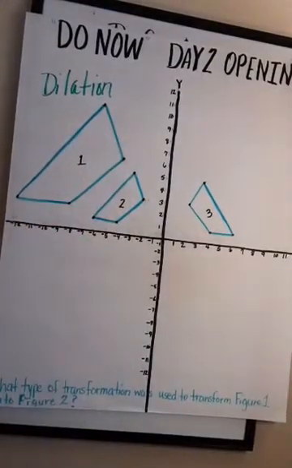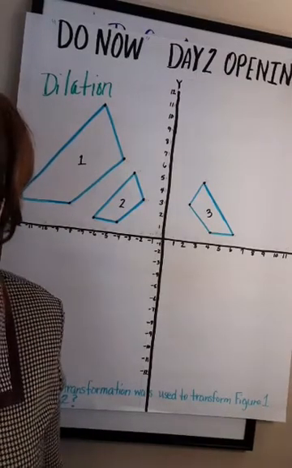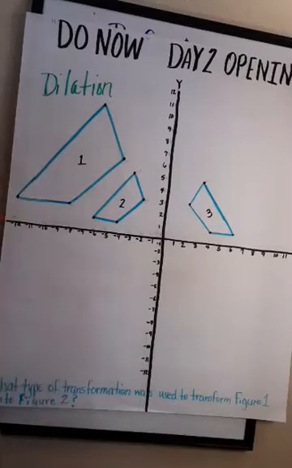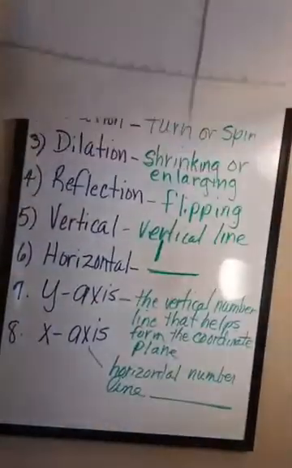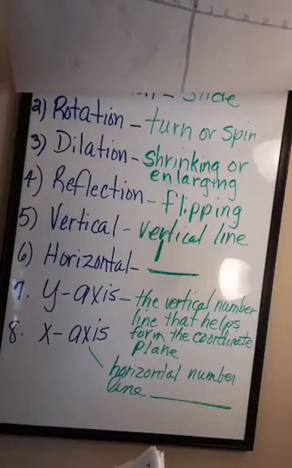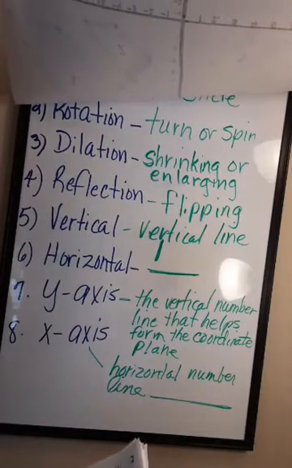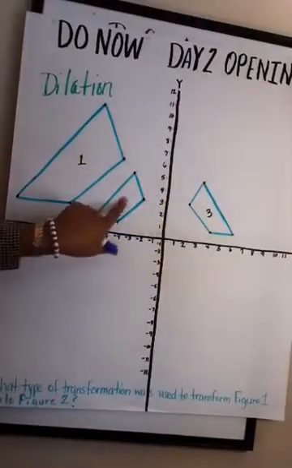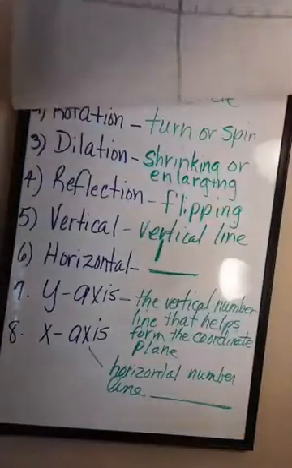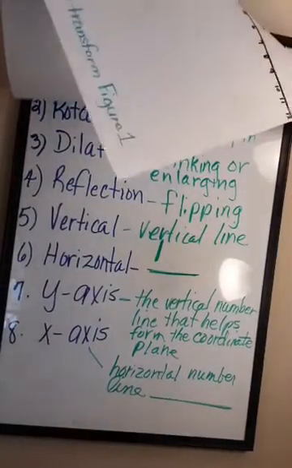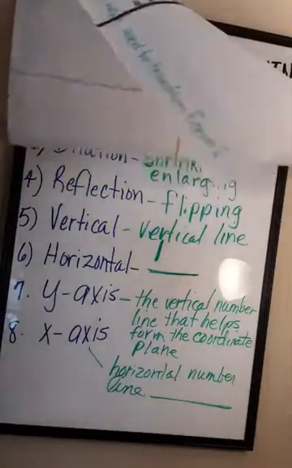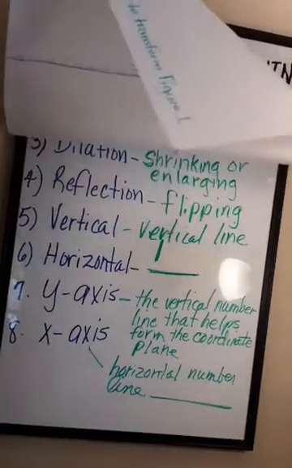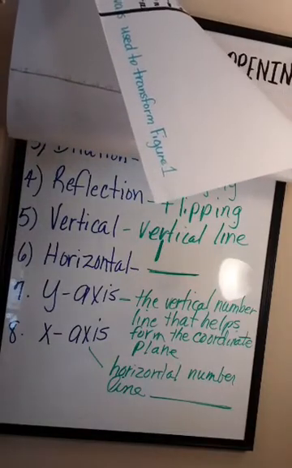And the second question on that sheet, day 2 opening, week 3, says, describe the transformation from figure 2 into figure 3 using words from the word bank to the right. Which one of these words would you use? What is it called? Write it down. I'll give you a hint.